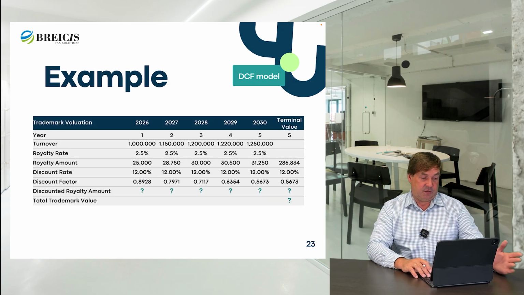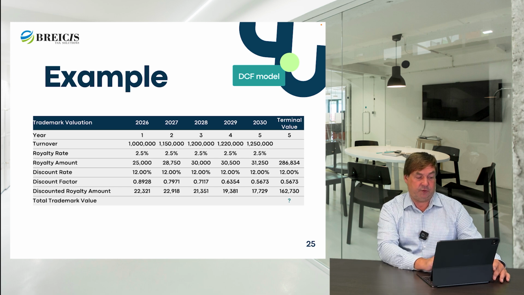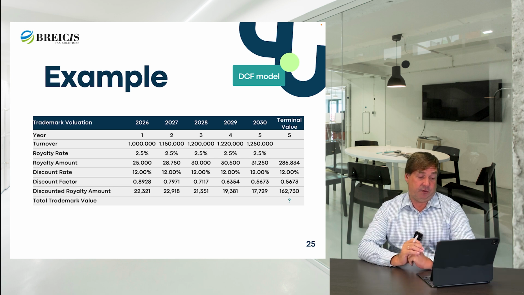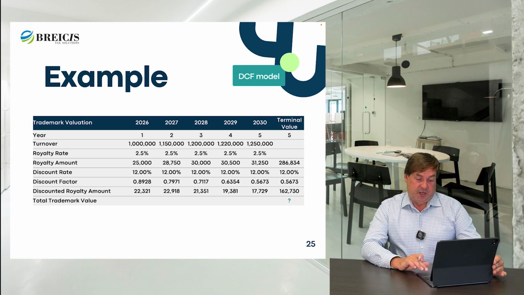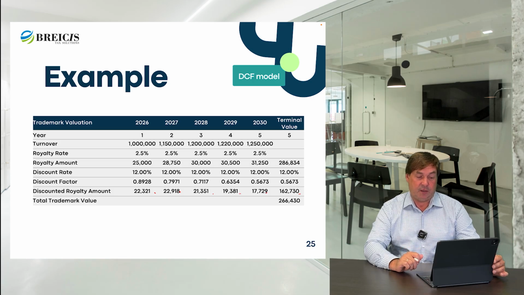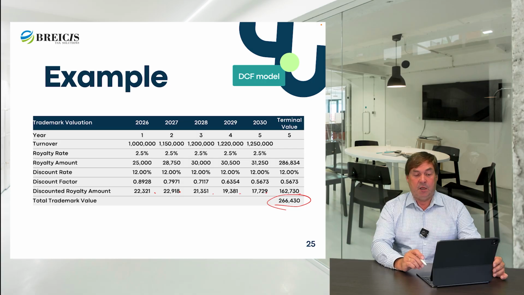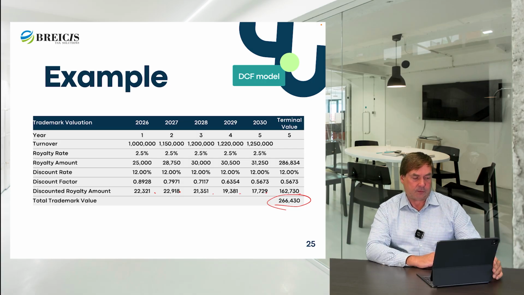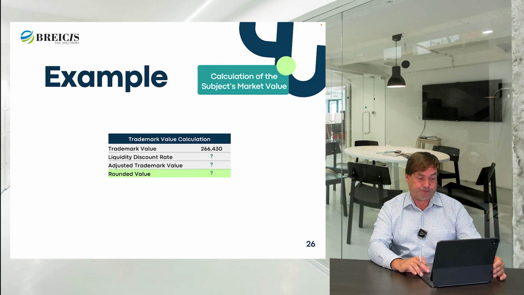So we apply this discount rate, calculate the discount factor, make the discounting and calculate the discounted royalty amounts, which, summing up all of those figures, leads us to the conclusion that the total trademark value is 266,000 euros.